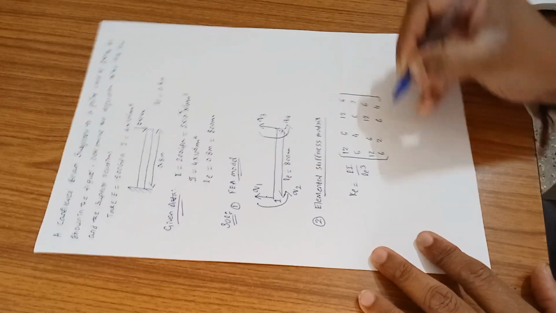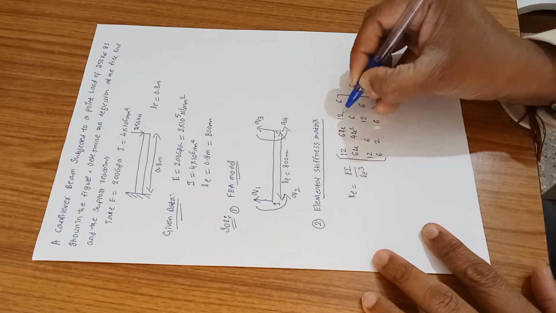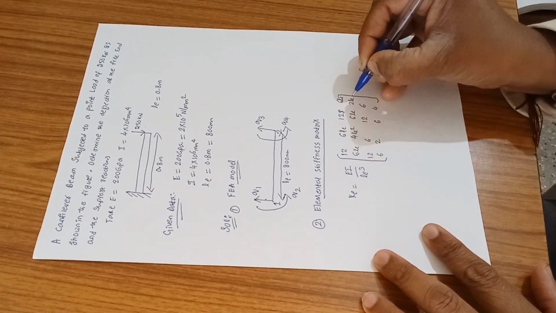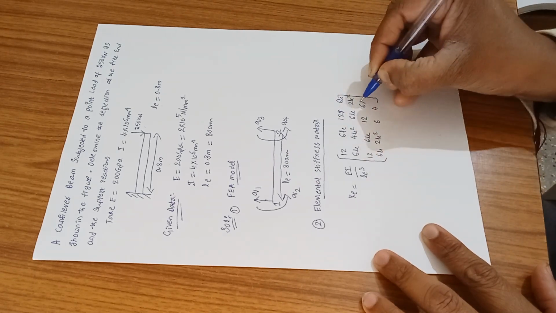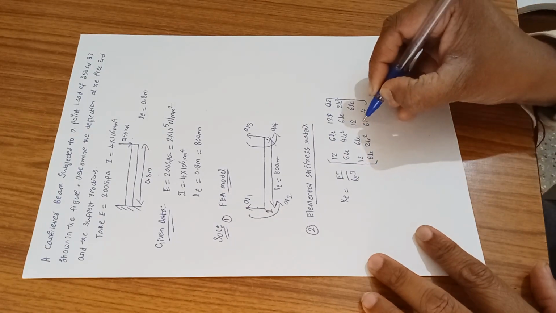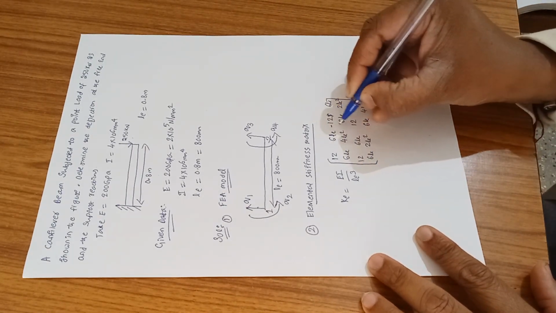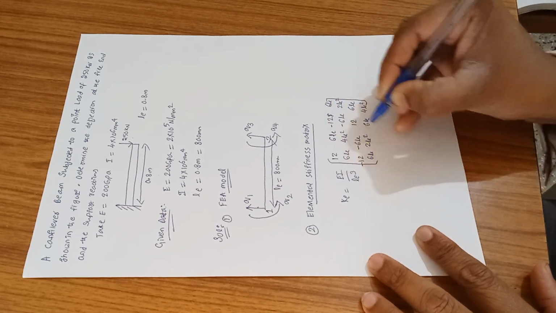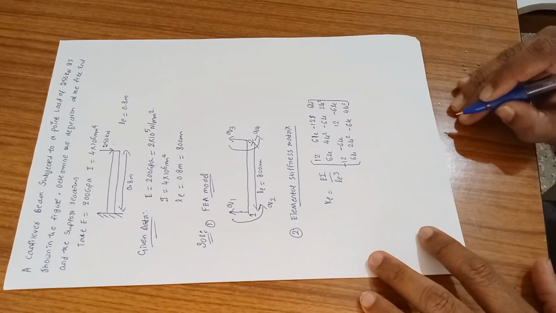This is how I remember. Here you add Le and Le square, similarly Le and Le square, and these terms are considered negative.